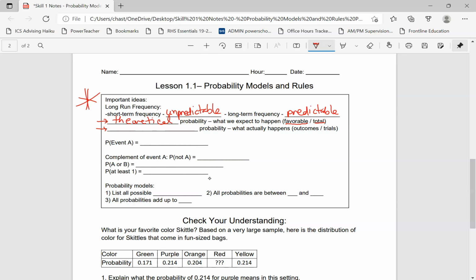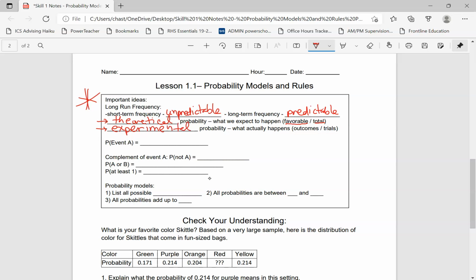Each of the numbers on the number cube would represent 1 out of 6. So to roll a 1 would be 1 out of 6. To get a 2, it'd be 1 out of 6 because there's one side that has a 2 on it, etc., etc. Versus experimental probability, which is a little bit different.